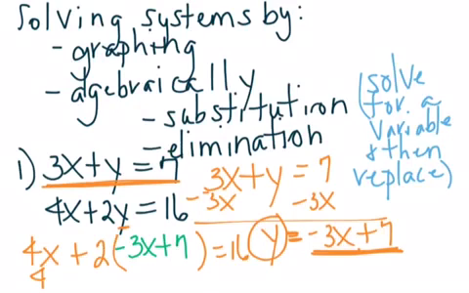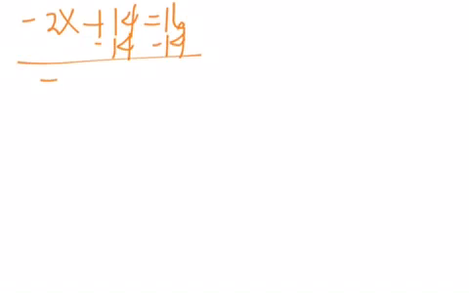Then you distribute. 2 times negative 3 is negative 6x plus 14 equals 16. 4x minus 6x is negative 2x plus 14 equals 16. Subtract 14 from both sides, and you have negative 2x equals 2. If you divide by negative 2, then x equals negative 1.